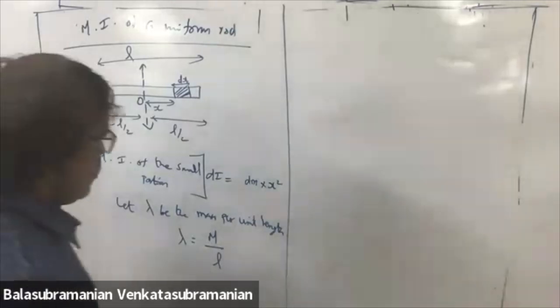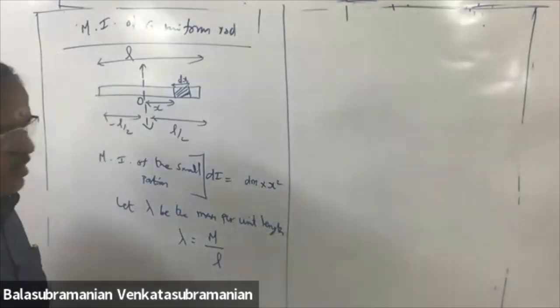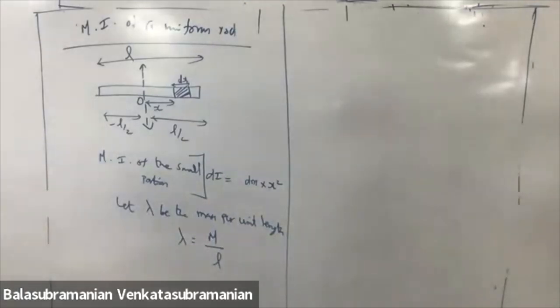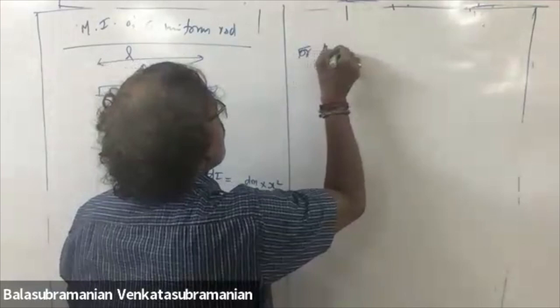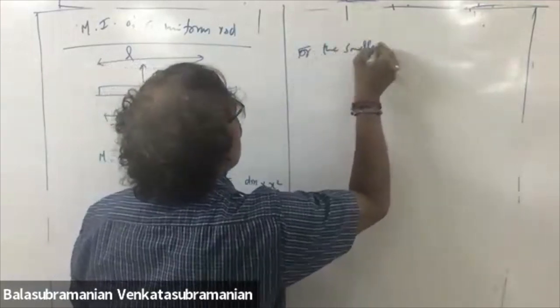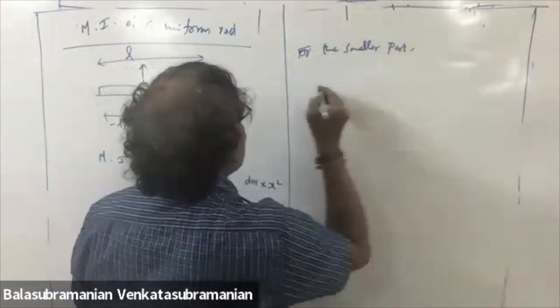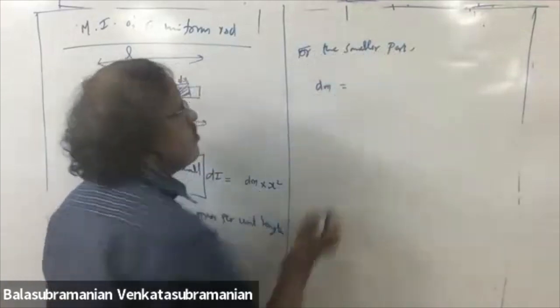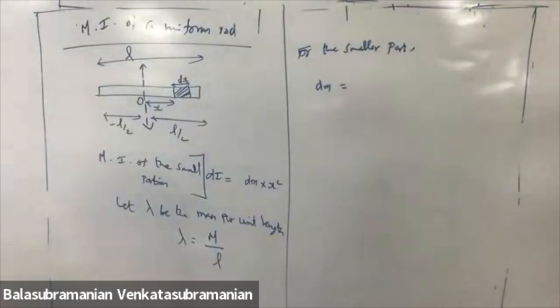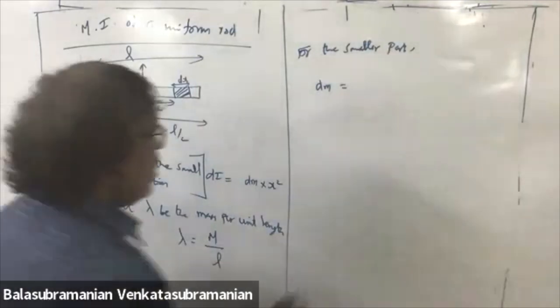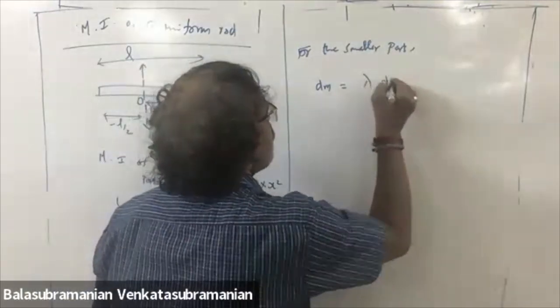So, for the smaller part, dm I want to calculate. What will you calculate? Lambda into dx.